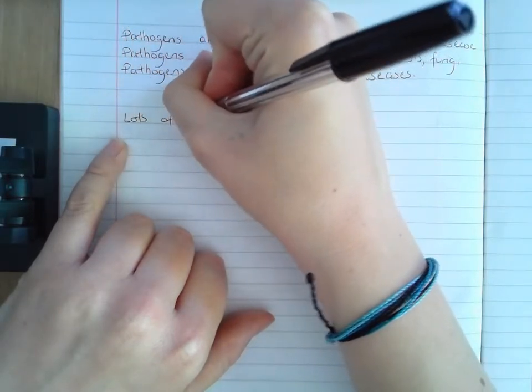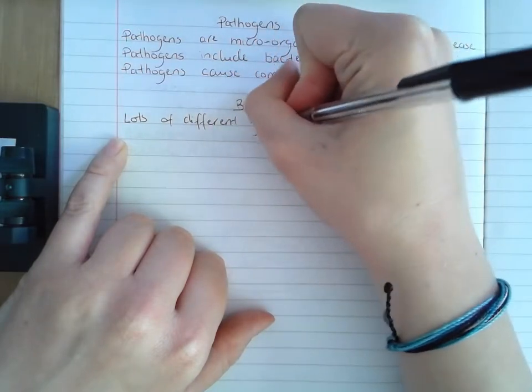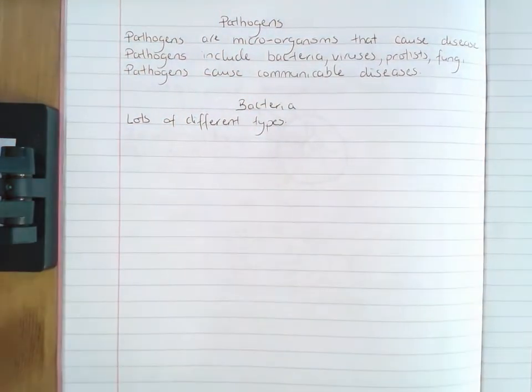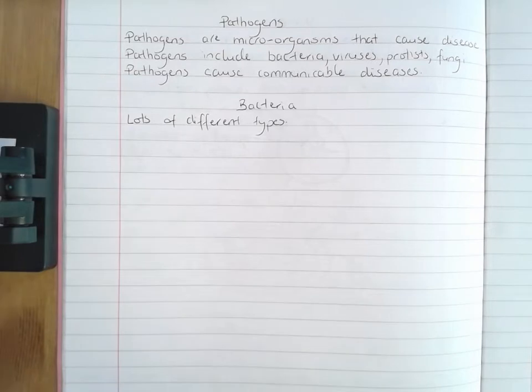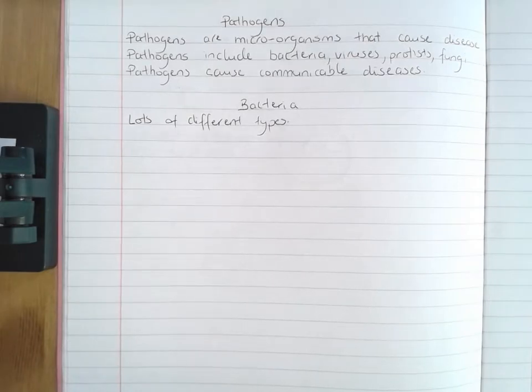Lots of different types. You may already be aware that some bacteria do not cause disease. You've got lots of bacteria in your body, lots in your digestive system for example, that do not cause you harm at all and are actually good for your health.